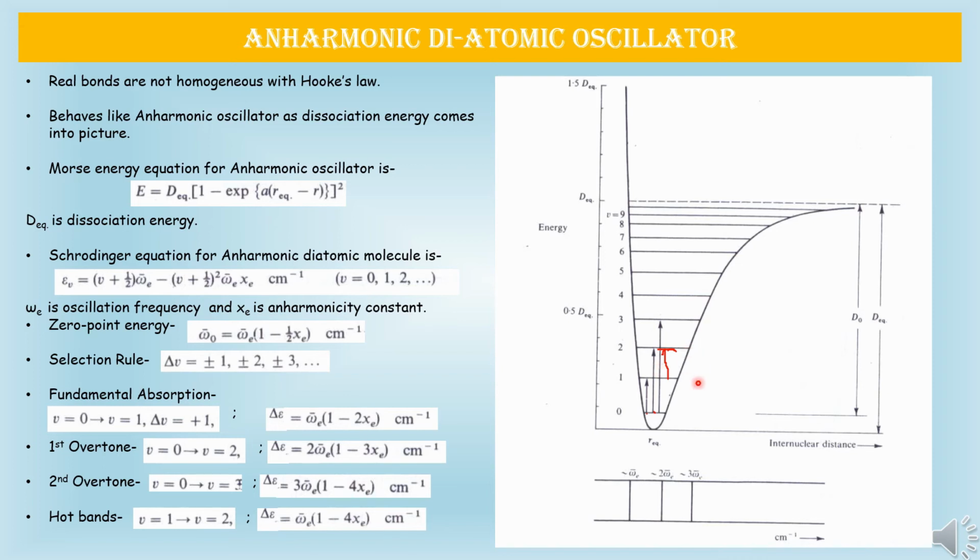To make it possible, we need to give heat or energy. So if the molecule is heated or given some energy, some amount of electrons can be transported to V equals 1. From there, the V equals 1 to V equals 2 transition is possible. So in those cases, hot bands are observed.